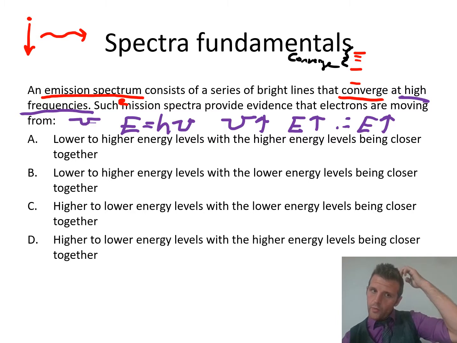So what we're looking for is that as the energy goes up, the energy levels must be getting closer together. They're converging like we have up here. So we're looking at probably from lower energy levels to higher energy levels. The higher energy levels are getting closer. All right. So what I want to do now is I'm going to reread the question because this is a confusing one.